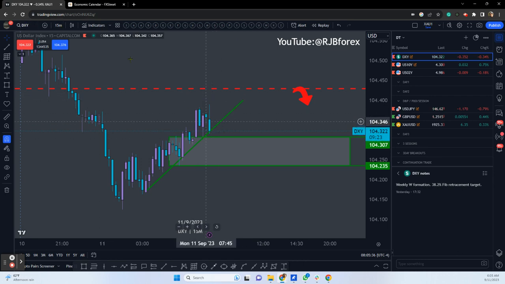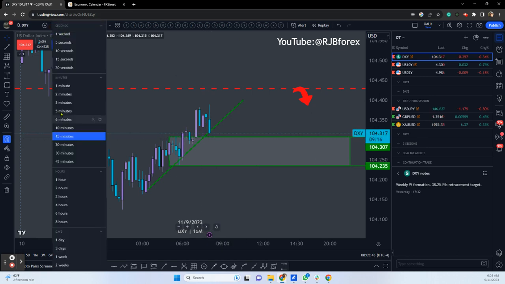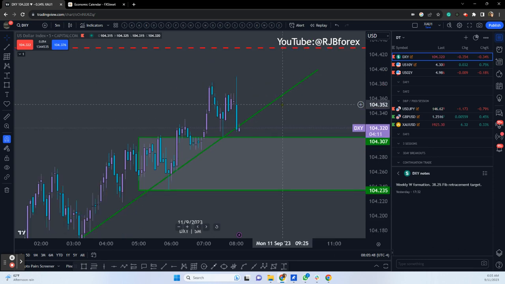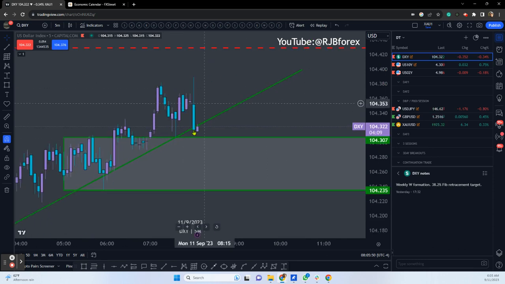This is the 15-minute candle, and it's fast approaching that support structure. So yeah, that's the 5 minute chart now.